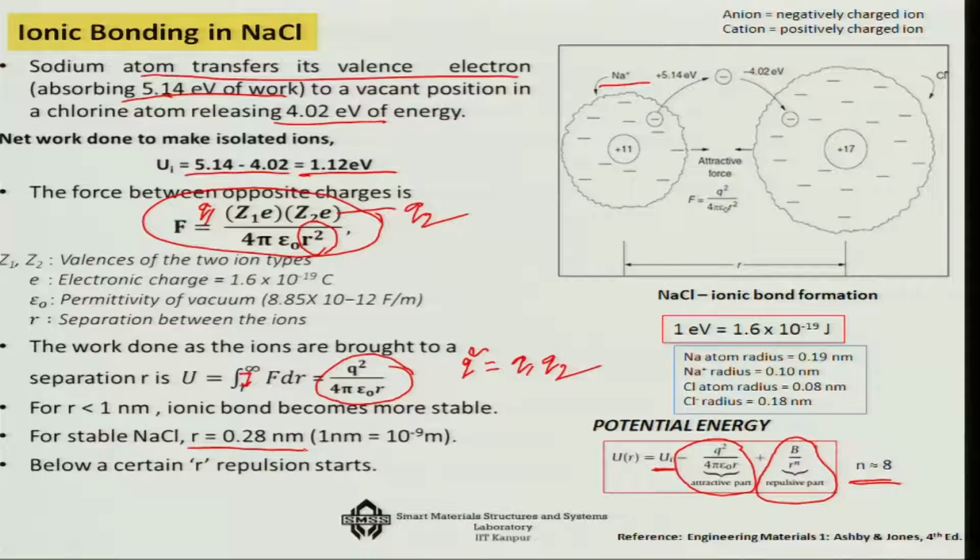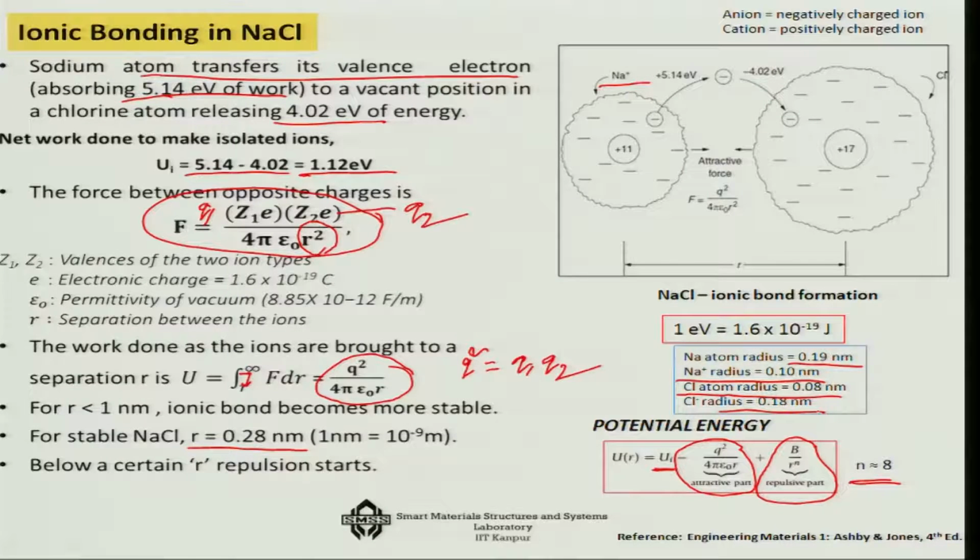Now you can see another interesting thing here: the sodium atom radius is 0.19 nanometer to begin with, and the chlorine atom radius is about 0.08 nanometer to begin with. But the moment sodium gives up the electron from the valence shell, it shrinks to 0.10 nanometer, and chlorine's electron cloud increases, becoming about 0.18 nanometer.